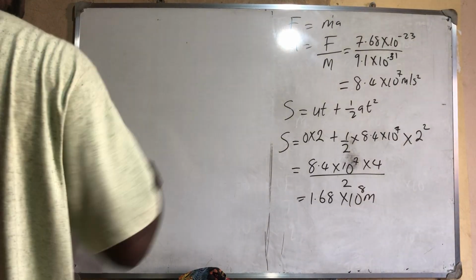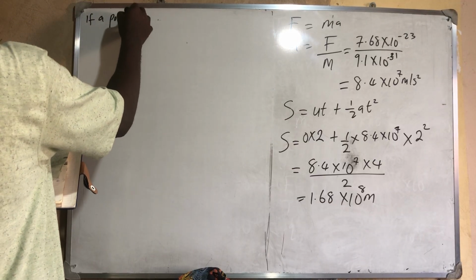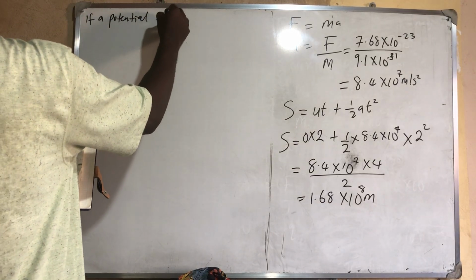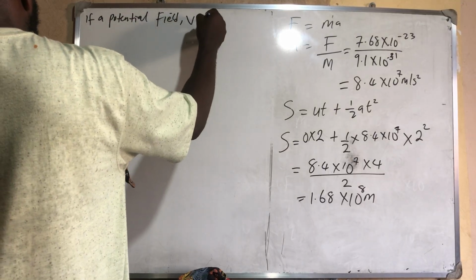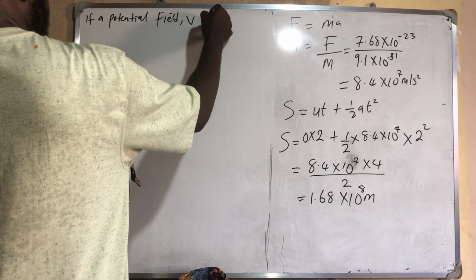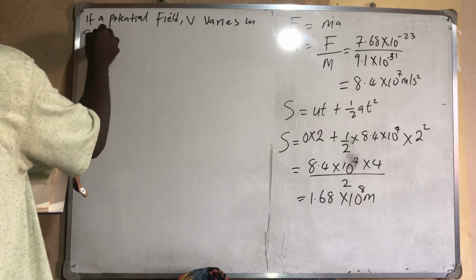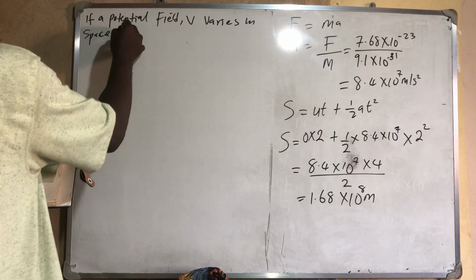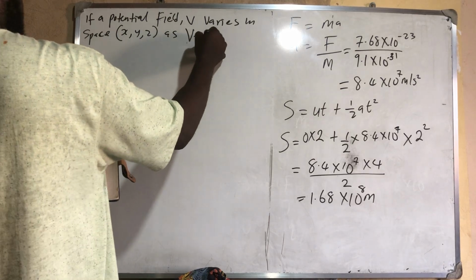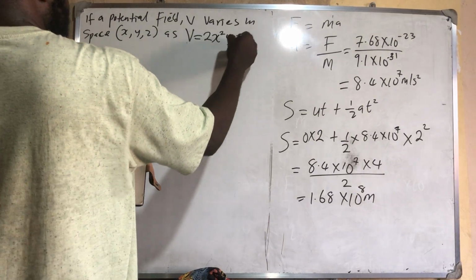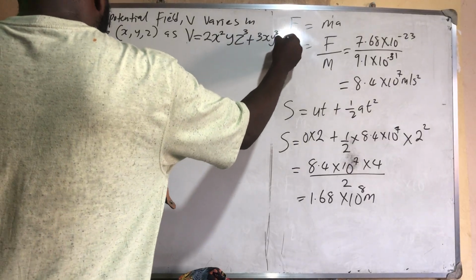And the next question here said that if a potential field, V, varies in space x, y, z, as V is equal to 2x squared yz cube plus 3xy cube z squared.